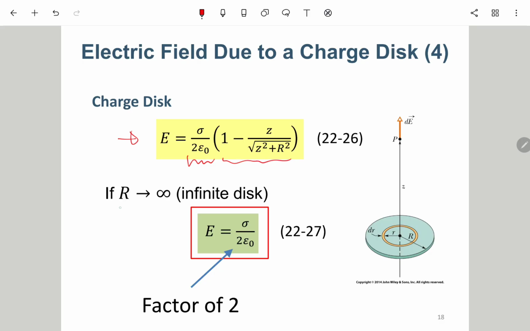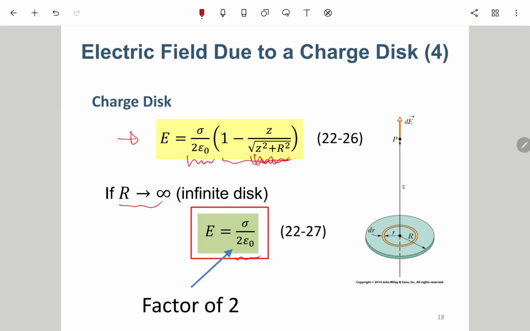If we assume R tends to infinity, this part turns out to be 0. If you still remember in chapter 22, it turns out to be like this.